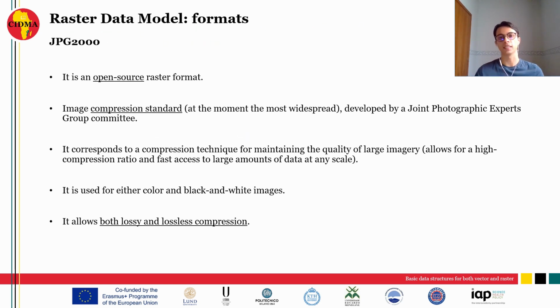In fact, the JPEG allows for a high compression ratio and also fast access to a large amount of data at any scale. It is used for either color and black and white images, and one of the main advantages of the JPEG is that it allows both lossy and lossless compression.